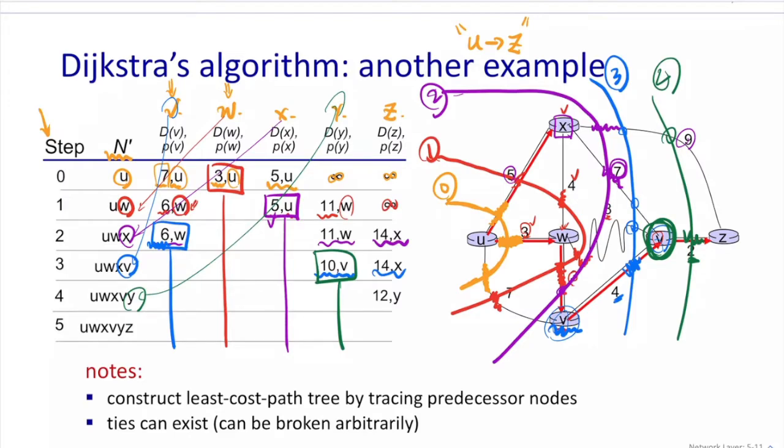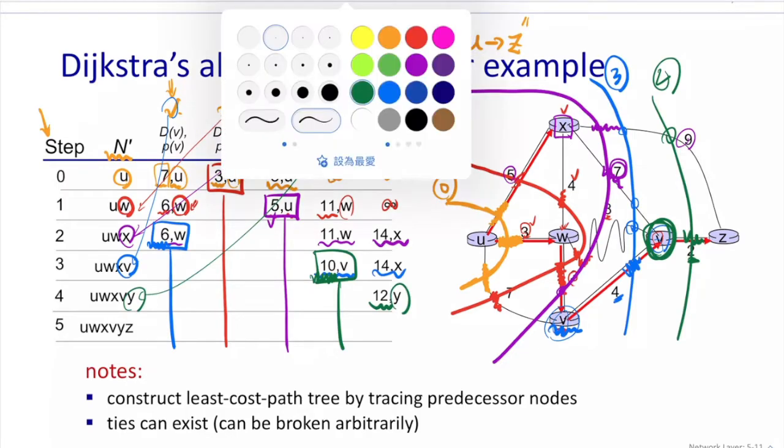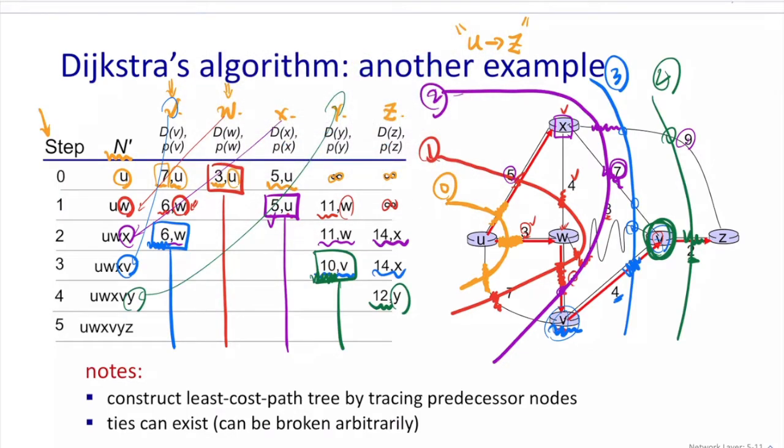So let's take a look right here. The cost to Y is 10, right? It takes 10 cost to Y, and we add 2 right here. That means you can go through Y to Z with 2 additional costs. And then that's all.